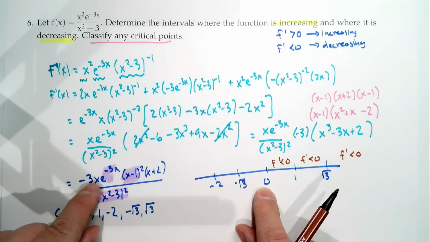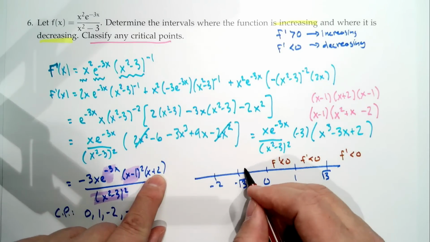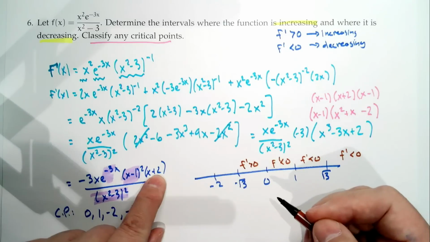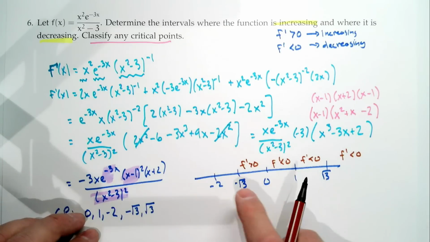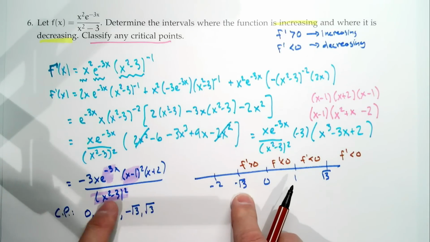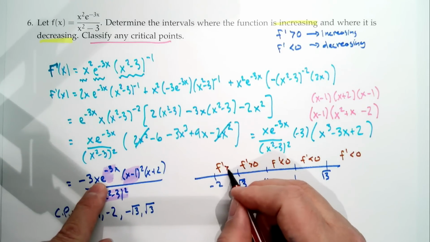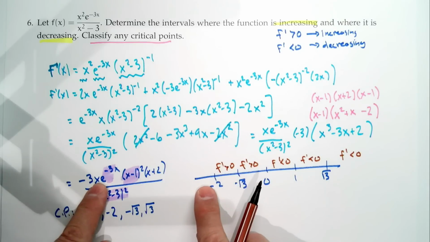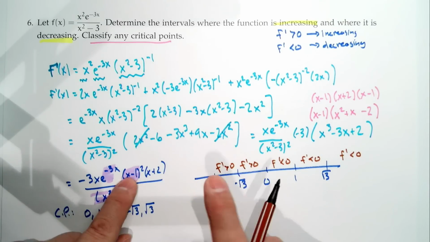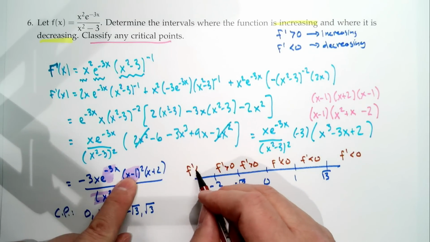So it's negative, negative, positive. So I am increasing. From negative 2 to negative root 3, because the negative root 3 doesn't affect the sign, I'm still positive. And if I'm a really large negative number, it's negative, negative, negative, which means that the derivative will be negative.